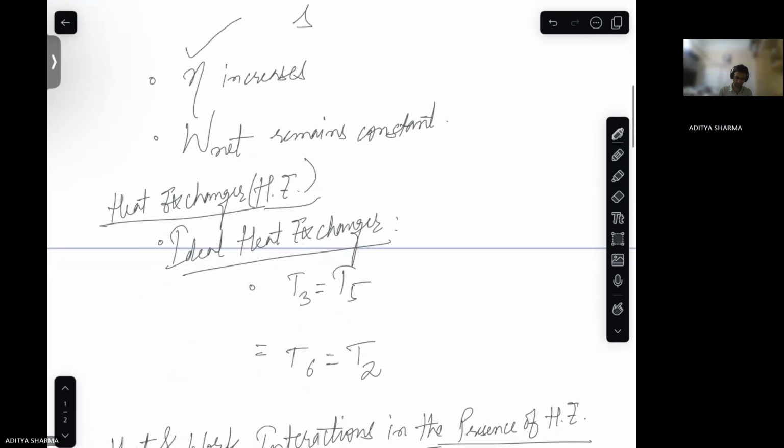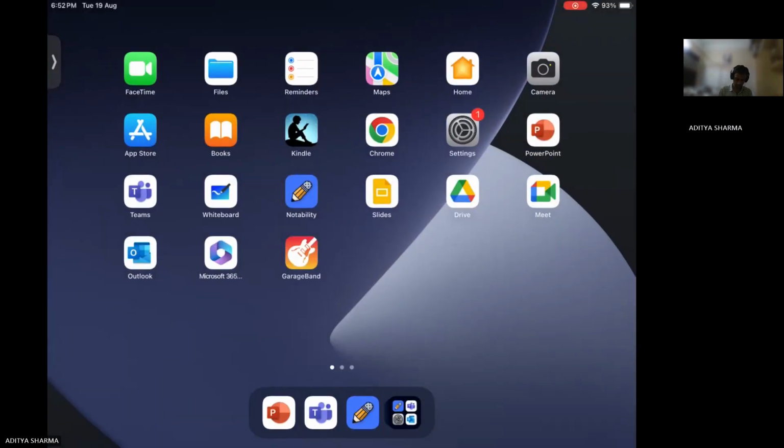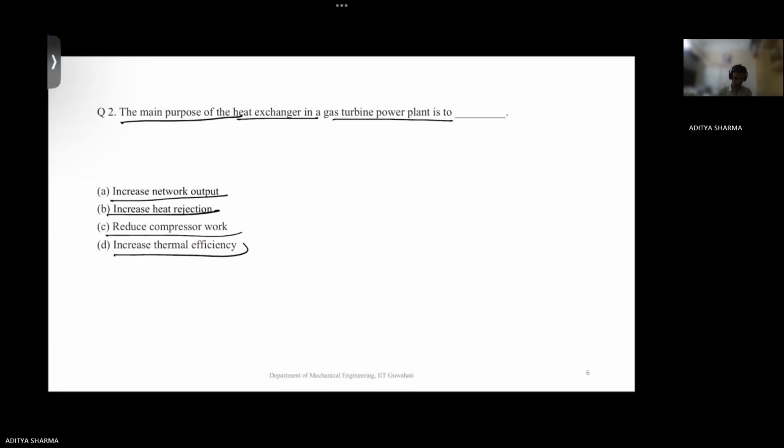Right? So heat from your combustion products heats your working fluid or air from the exit of the compressor, which eventually increases the thermal efficiency of the whole Brayton cycle.